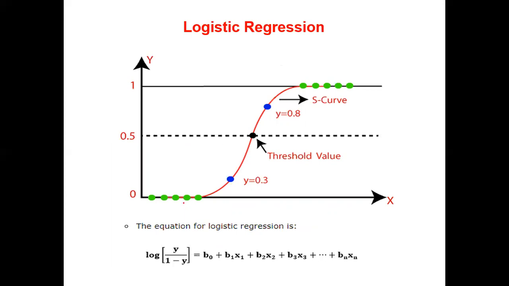This probability can lie between 0 and 0.5 or 0.5 and 1. This is the sigmoid function we use in logistic regression to plot this model. If the probability obtained for the given query is less than 0.5, then this query belongs to class 1. And if this probability is above 0.5, then that particular query will belong to class 2. So here is the example.